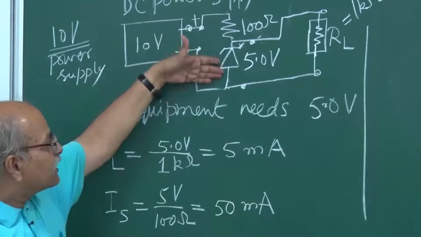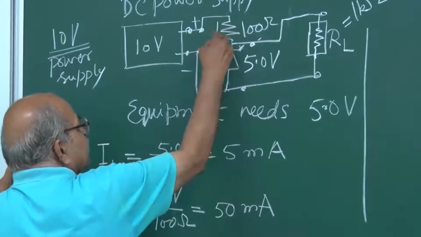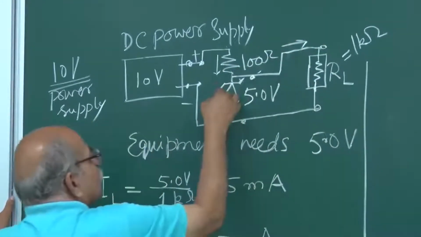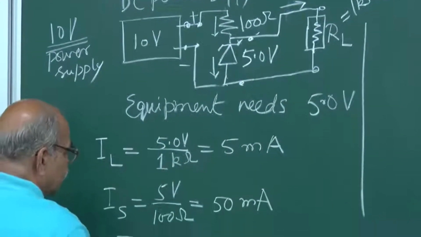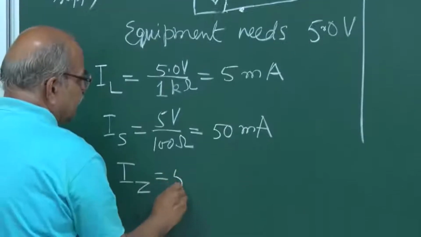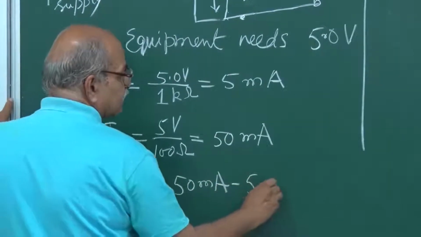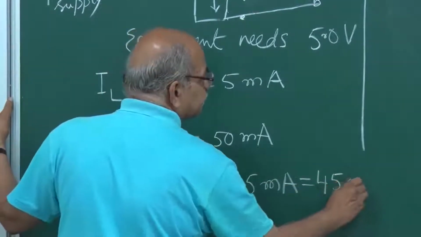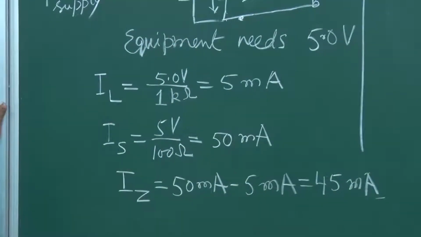And how much is the current from this Zener? You have 50 milliamperes here, you have 5 milliamperes here. So it's simple to see that current through that Zener is 50 milliampere minus 5 milliampere, and that is 45 milliampere. Right?